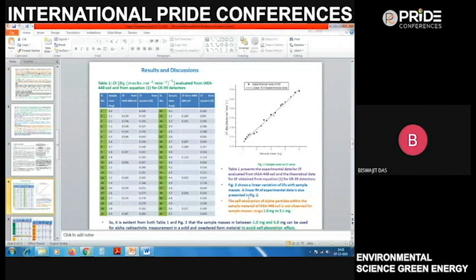It is evident from table 1 and figure 2 that sample masses between 1.0 mg and 5.0 mg can be used for alpha radioactivity measurement in solid and powder form material to avoid the self-absorption effect.